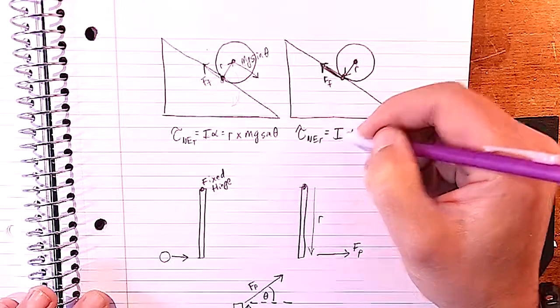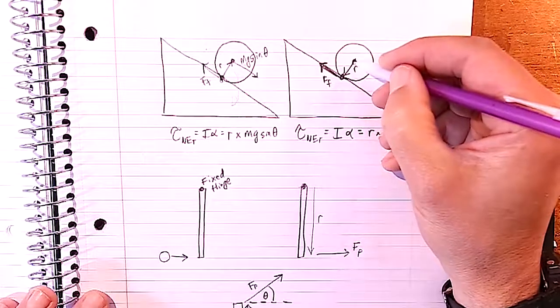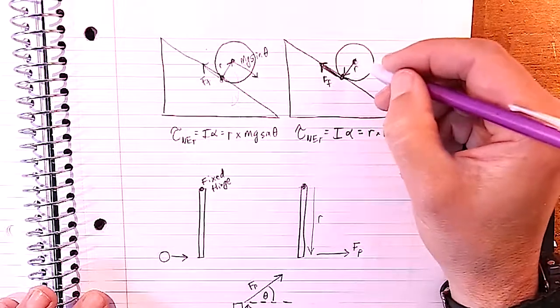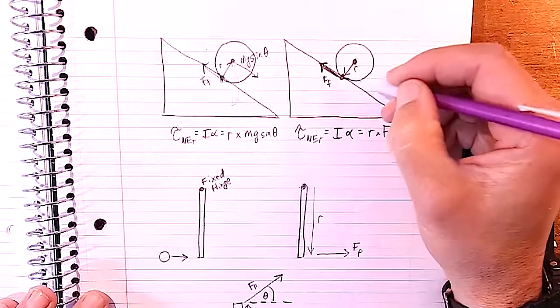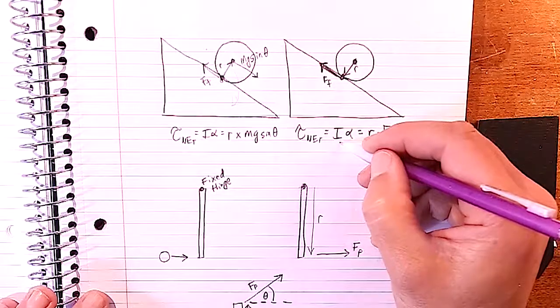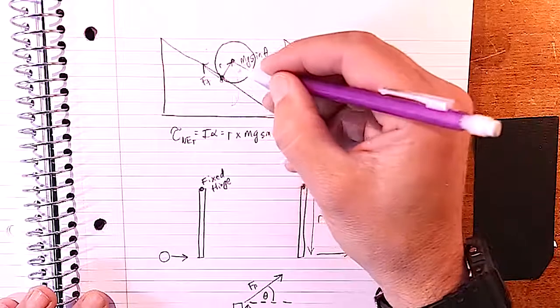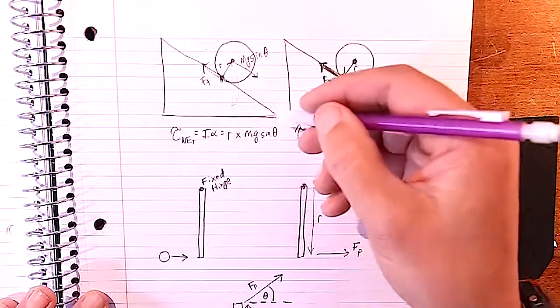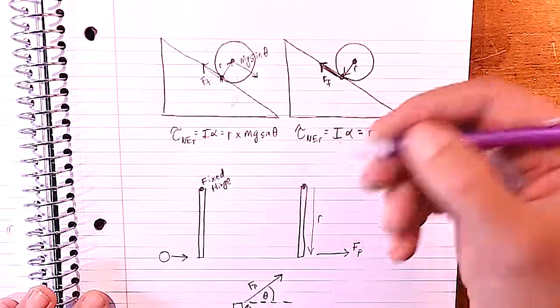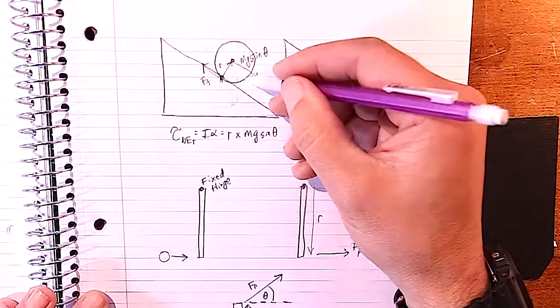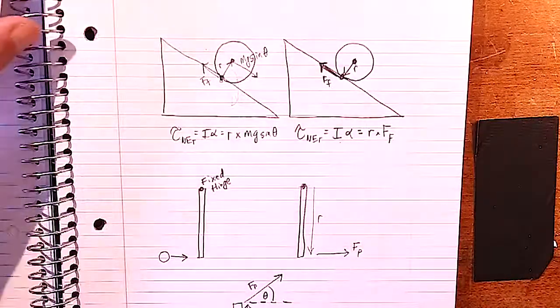This time, I would be about the center of mass. So if this was a solid disk, that would be 1/2 mr squared. Whereas here, it would be 1/2 mr squared plus md squared, using the parallel axis theorem.